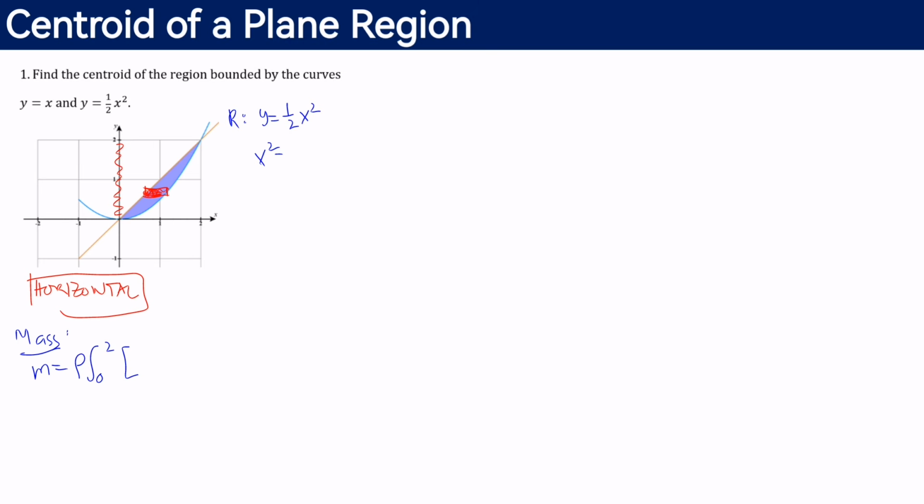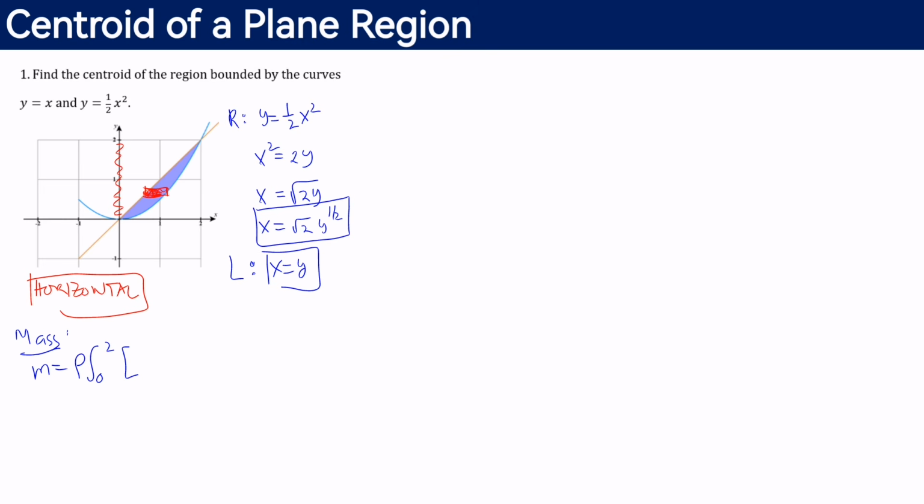Solving in terms of y, we have 2y equals x squared, so x is the square root of 2y, or x is (2y) to the 1/2. And the left-hand side of the region is given by x equal to y.